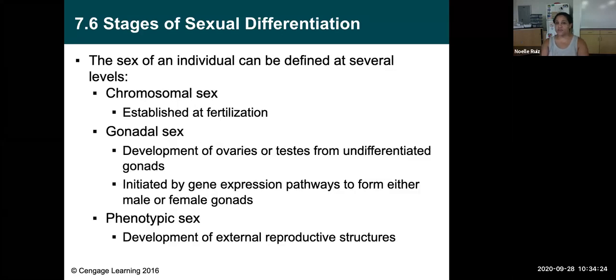The sex of an individual can be defined at several levels. It's not just what you see on the outside as boy or girl. So chromosomal sex, like we said, is established at fertilization. Gonadal sex: the gonads are the testes and the ovaries, the sex organs.